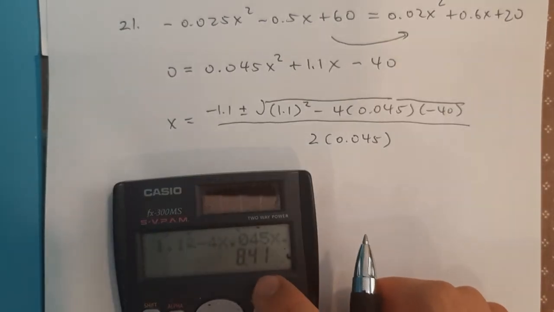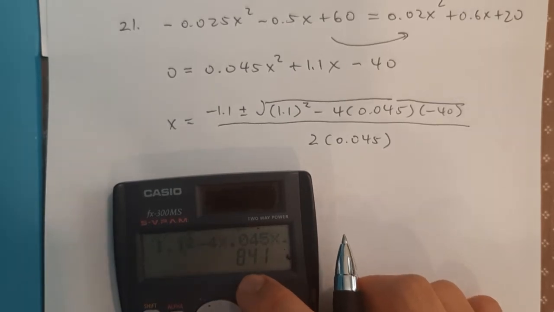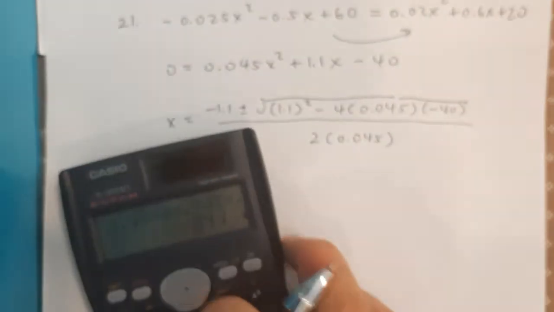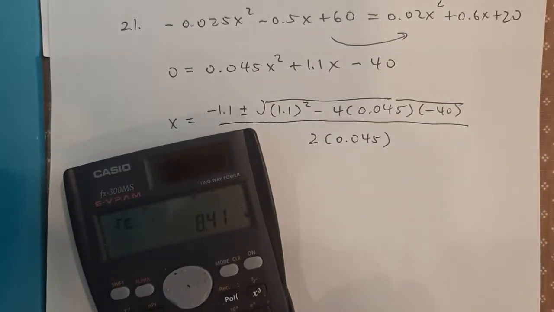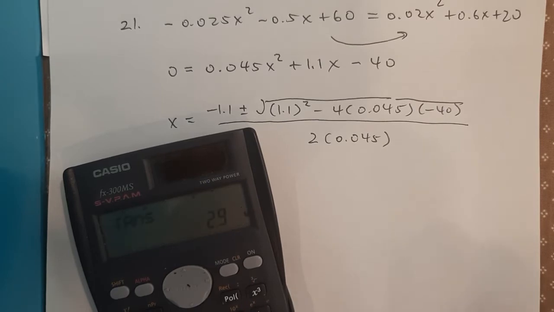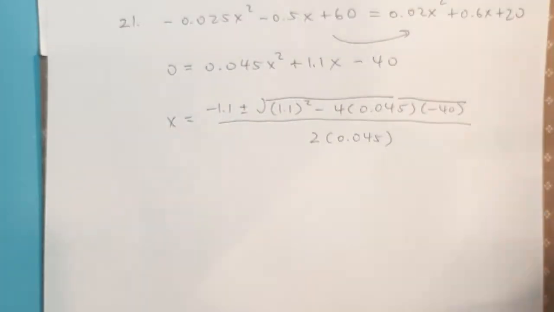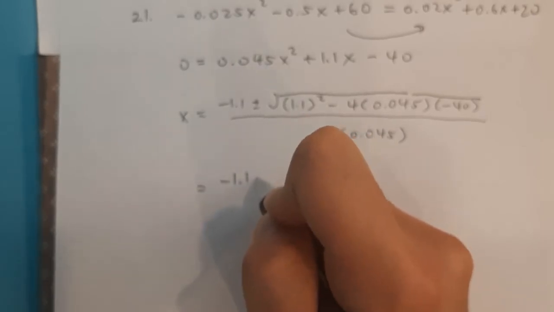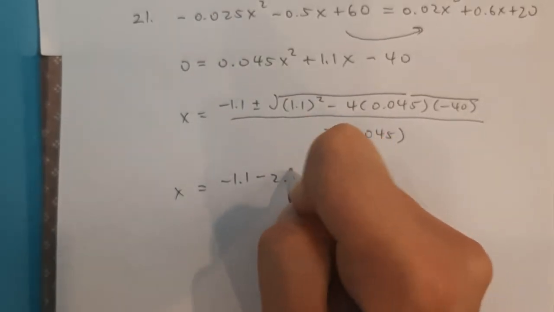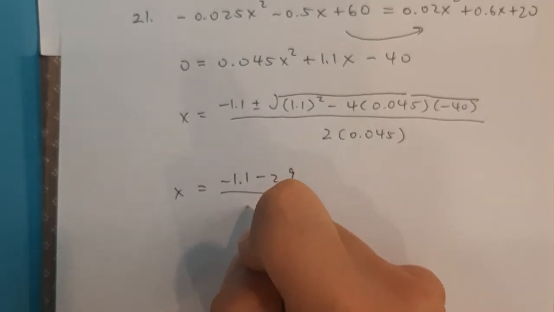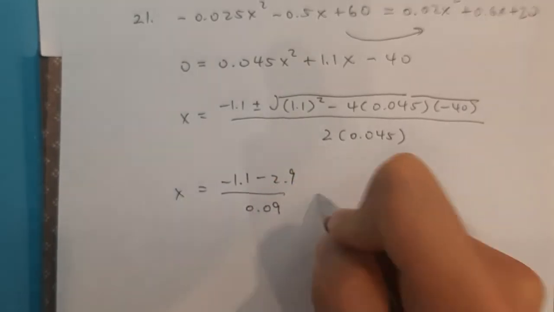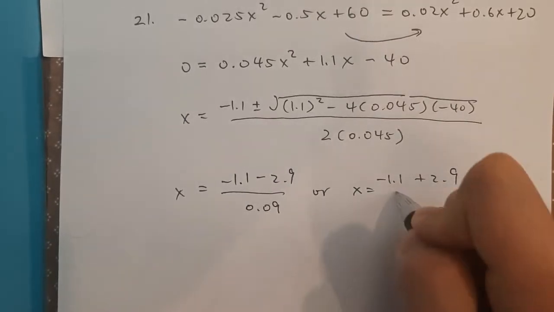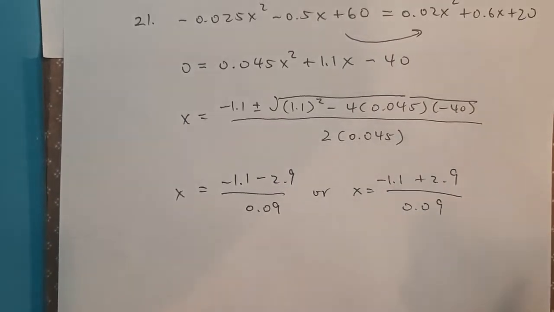So under the radical is 8.41, and then you get the square root of that. Here we get 2.9. So it's going to be negative 1.1 minus 2.9 over 0.09, or x equals negative 1.1 plus 2.9 divided by 0.09.